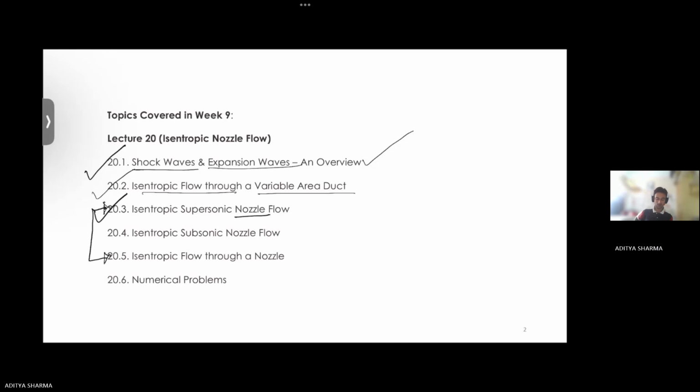In 20.3 this supersonic nozzle flow has been discussed, and in 20.5 the bullet points, the main points related to this topic, have been listed, right? So if you see supersonic nozzle flow, right?